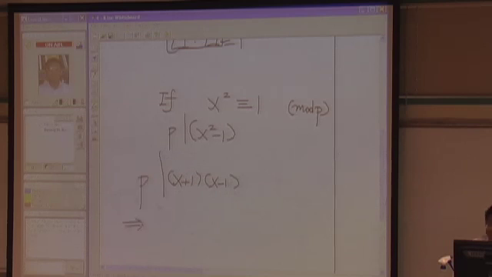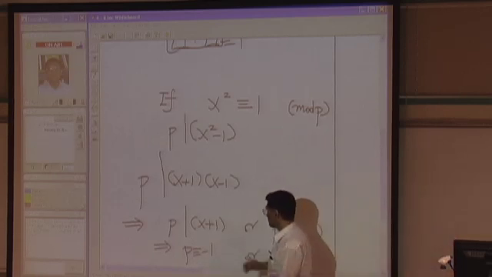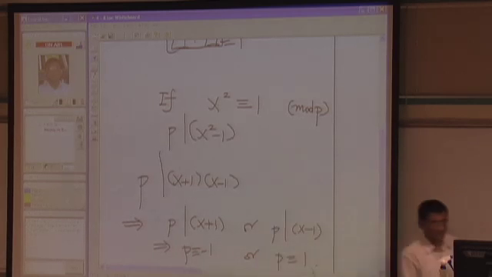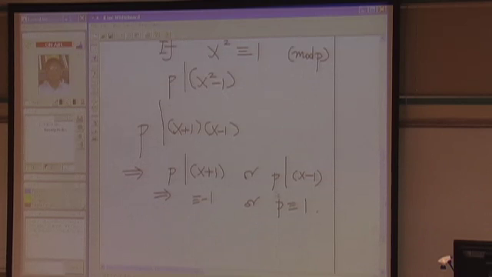Then because p is prime, p divides x plus 1, or p divides x minus 1, and this is equivalent to saying x is congruent to negative 1, or x is congruent to 1. In other words, this happens only when x is 1 or p minus 1, right?